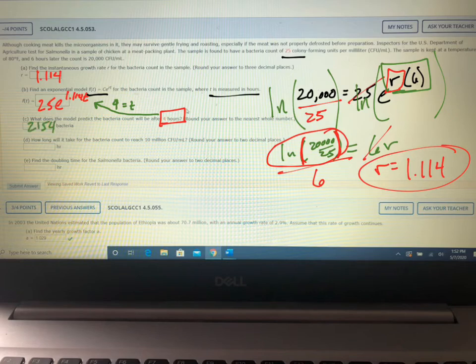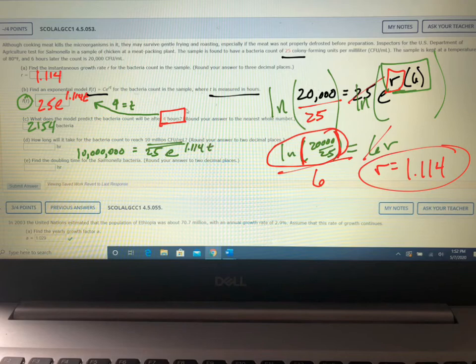And then part D says, how long will it take for the bacteria to reach 10 million? So now we're going to put 10 million in on the left side of the equation. So write 10 million equals 25 times e to the 1.114t.